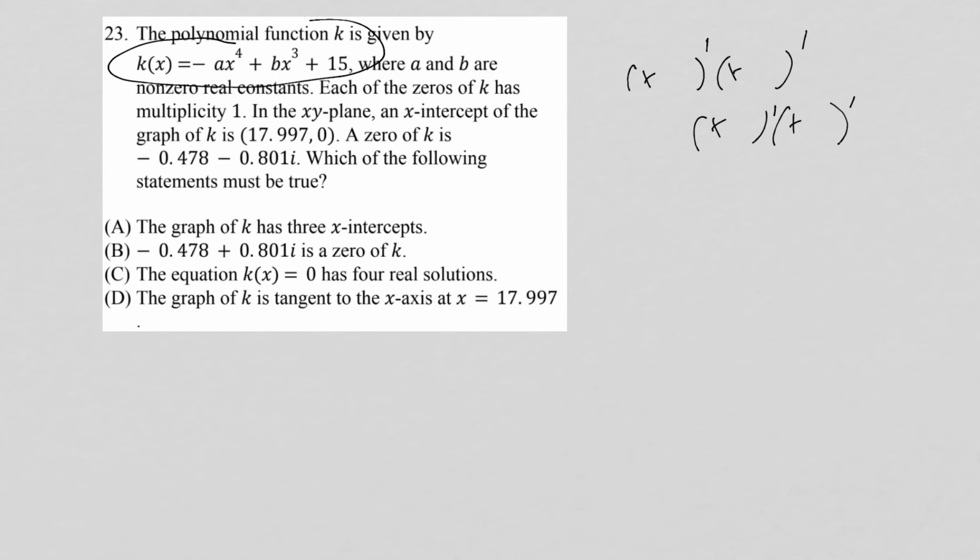Each of the zeros of k, in the xy plane, an x-intercept of the graph of k is 17.997, 0. So somewhere around 18, there's a dot on this graph. A 0, the function is called k. They don't usually call functions k like that, but okay.